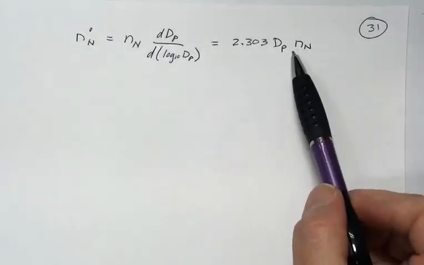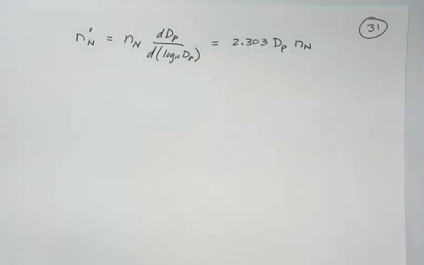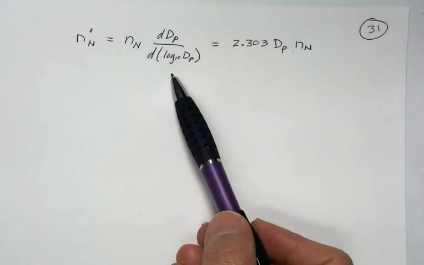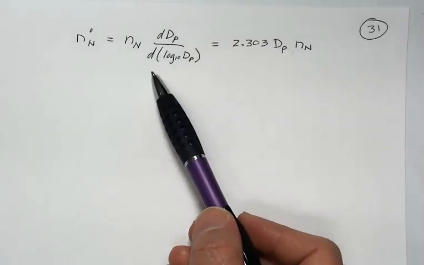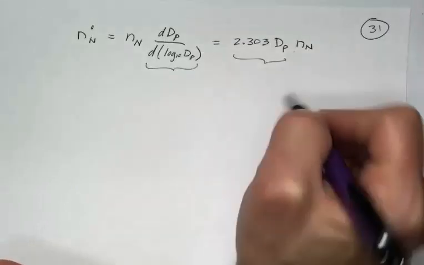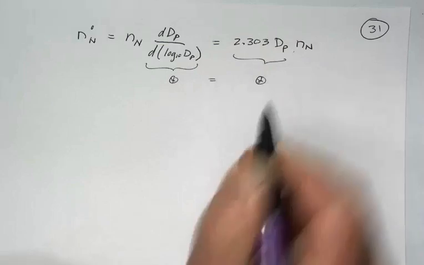So given this, we can calculate this, which was what we wanted. Then we said, need to show that this is true. So this must equal this. So how can we show that star is equal to star?